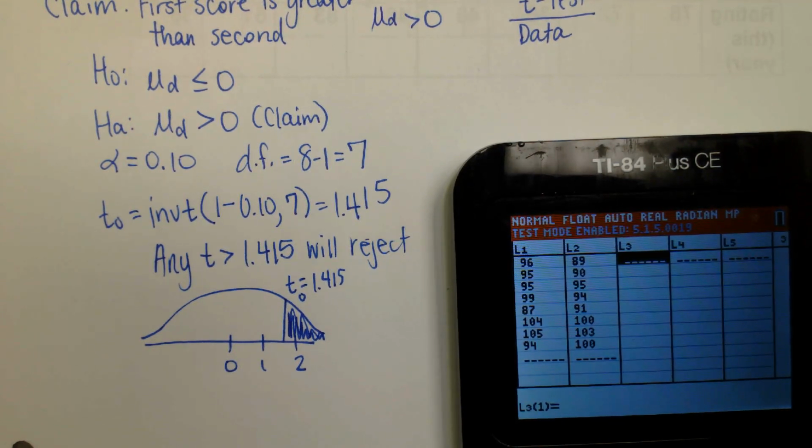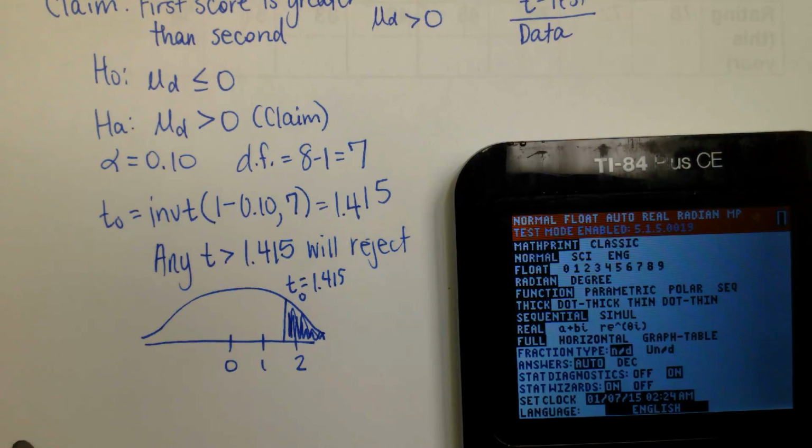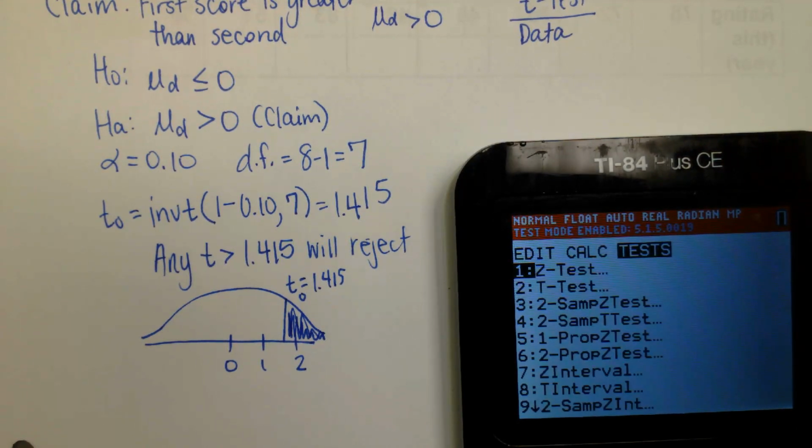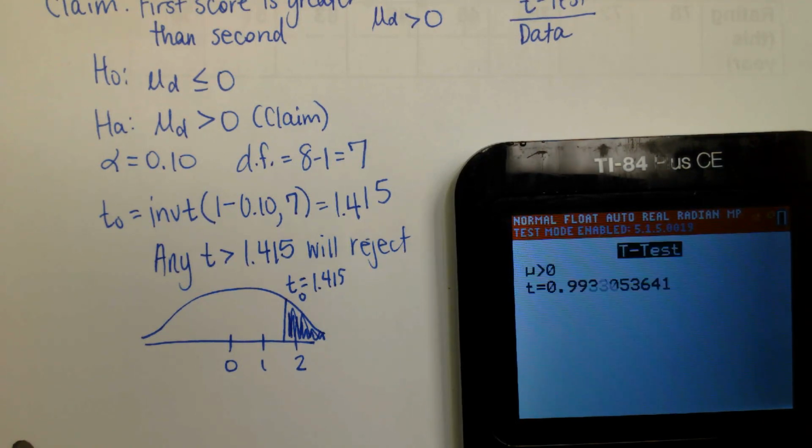Oh yeah, I didn't put it in my calculator. L1 minus L2. Switching from screens. All right, so you all probably got yours. Let me get back to mine. Test, t-test. There we go.